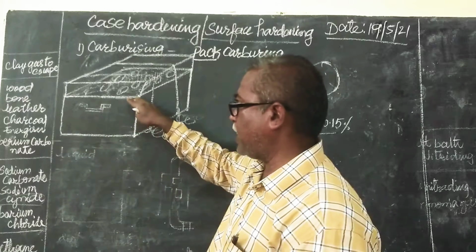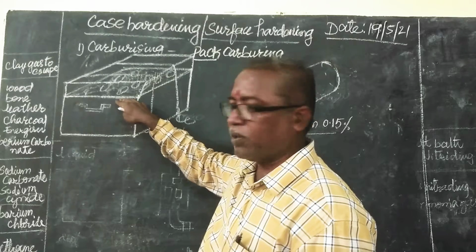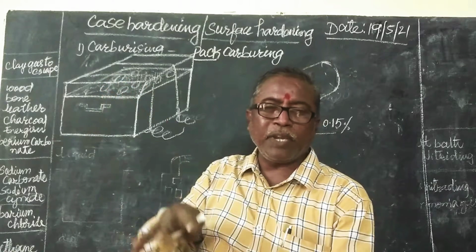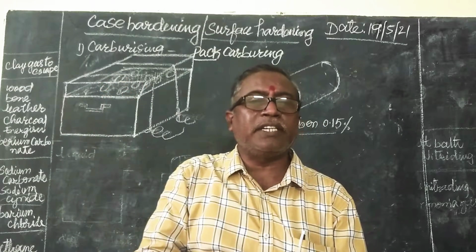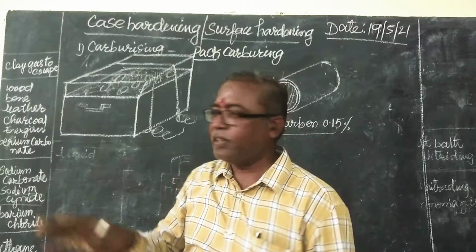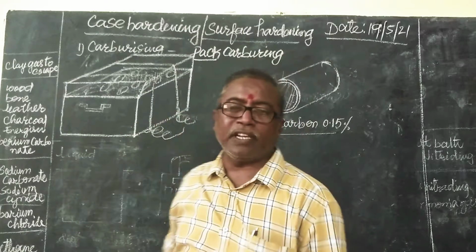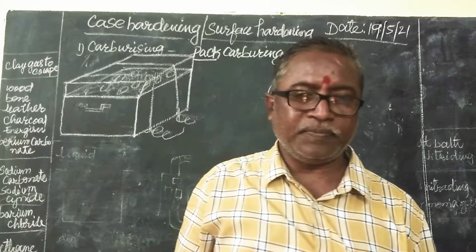The cover is kept, and the clay is between the top cover and bottom box, so the hot gases should not escape from the box. Then this whole box is kept in the furnace and heated.